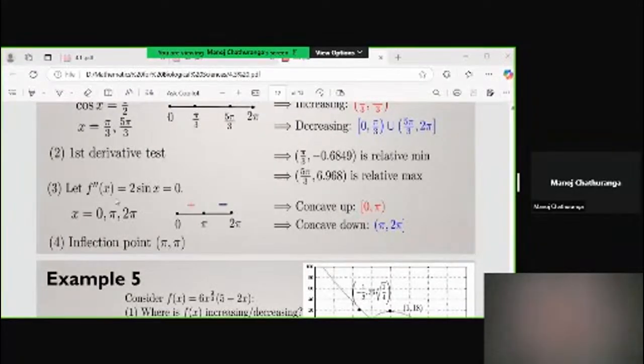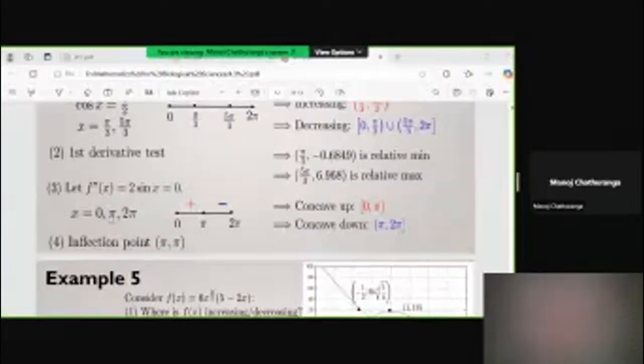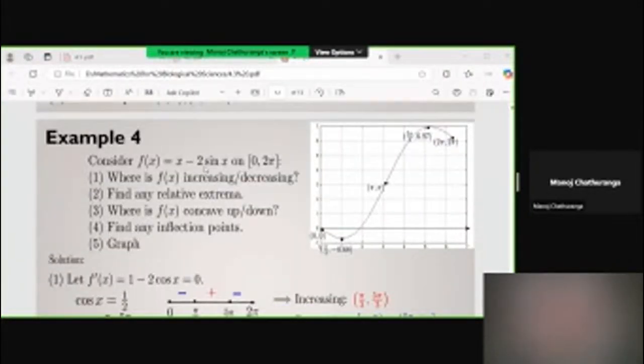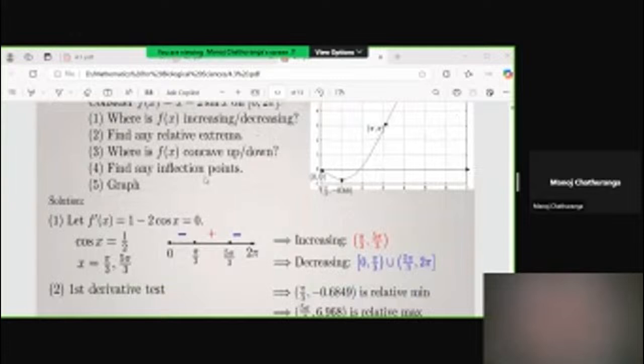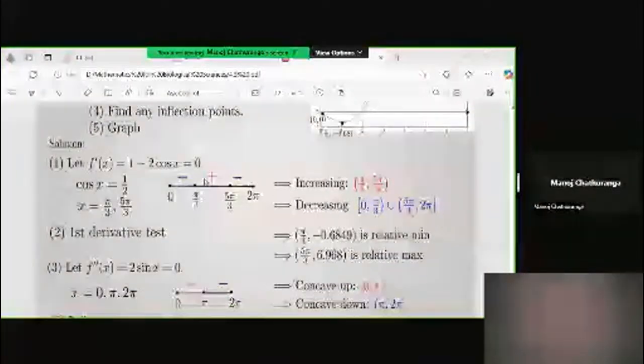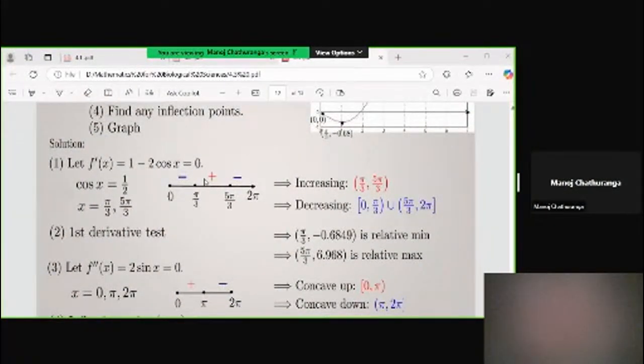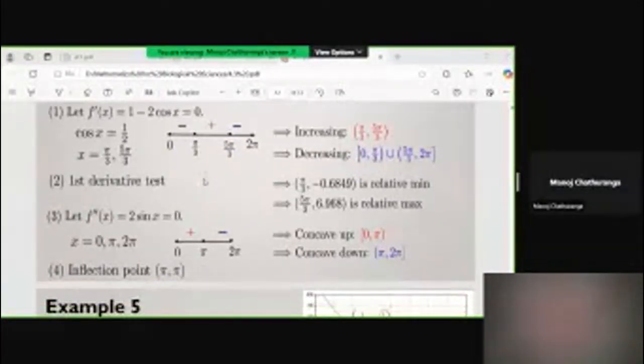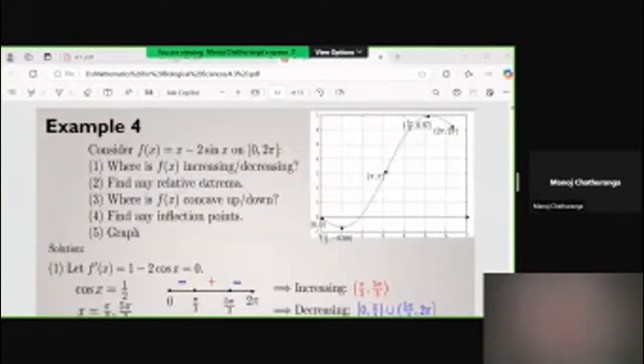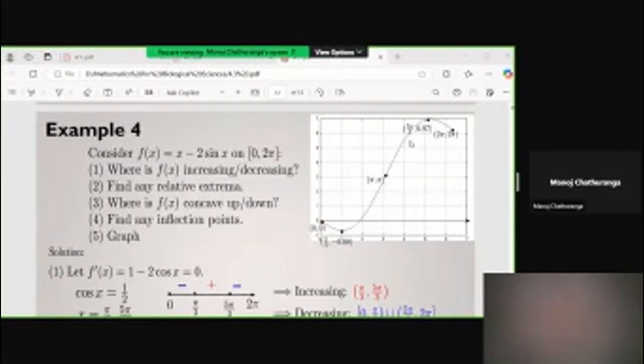If you throw away the endpoints of the given domain, 0 to 2 pi, the only meaningful inflection point is pi. So we can identify the regions where it is increasing, decreasing, concave up or concave down. And that's how it looks.